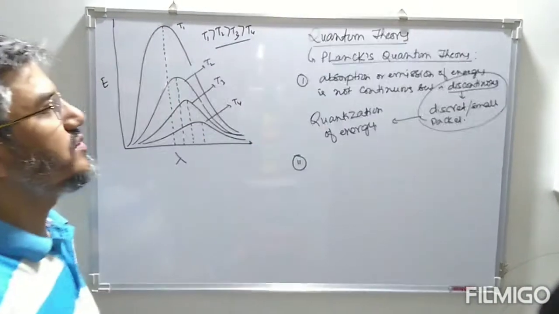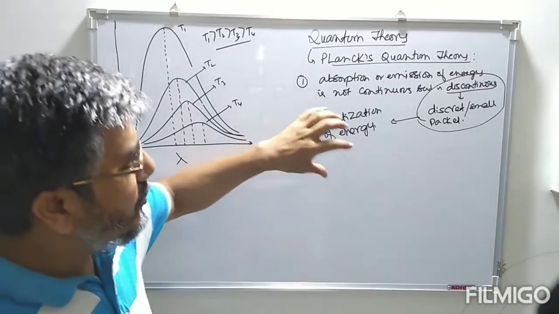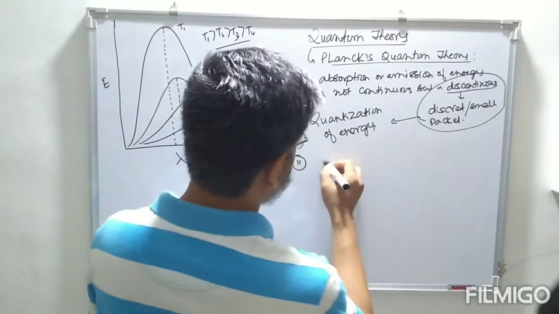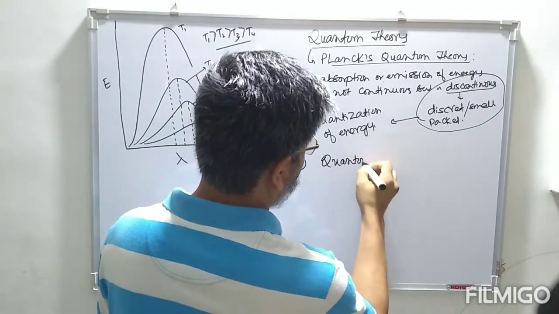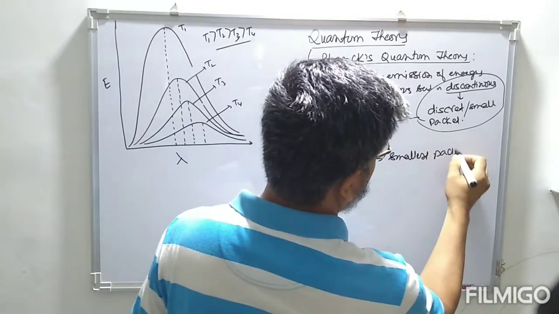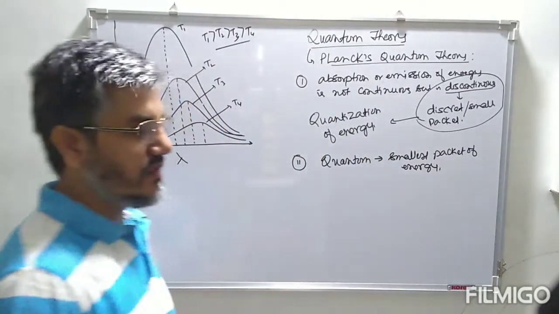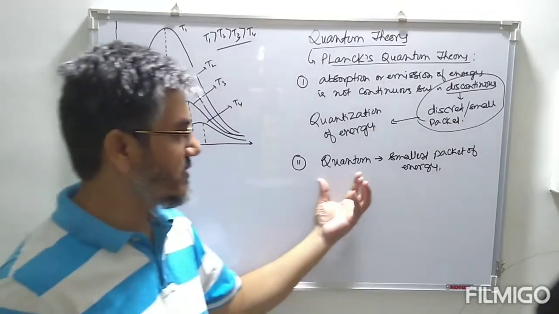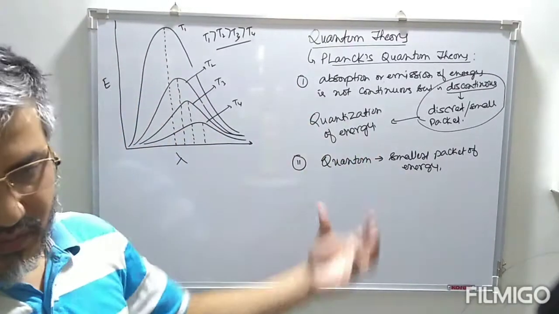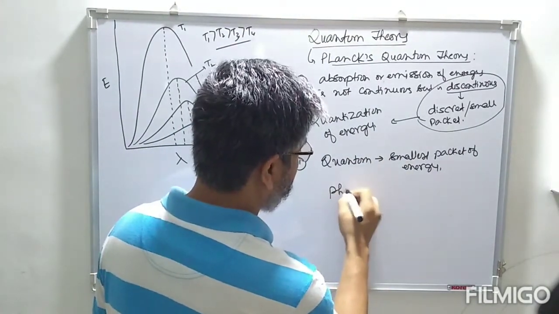The second important postulate of this quantum theory is that the smallest packet of energy is known as a quantum. So quantum is the smallest packet of energy. If the radiation happens to be light, then for light this quantum is defined as a photon.